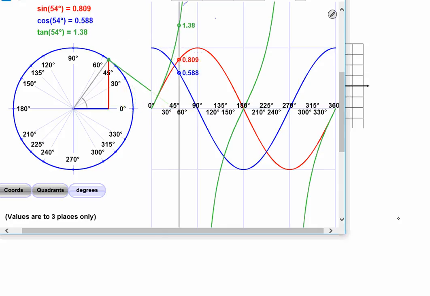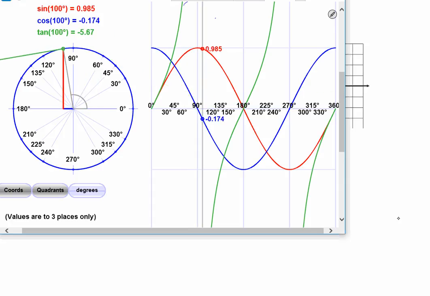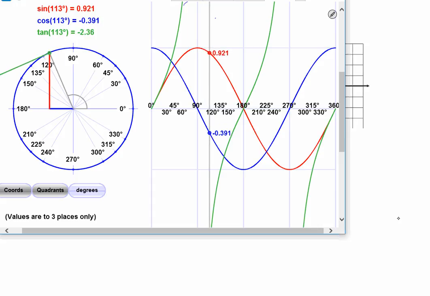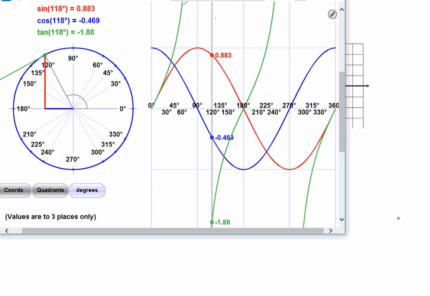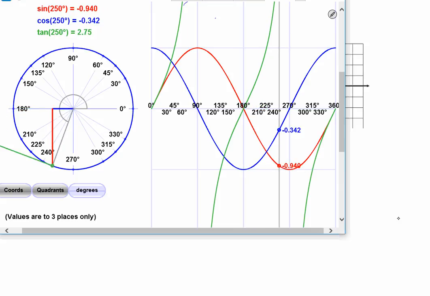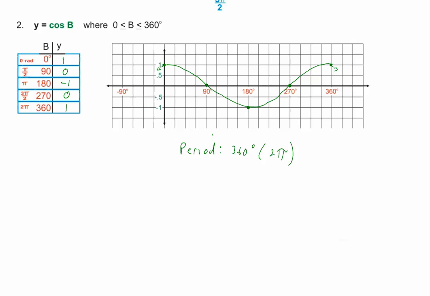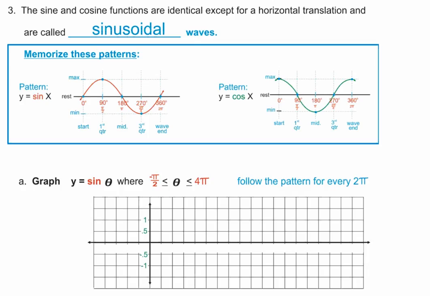It's coming down, and I hit 90. And again, look at the blue value. The x-coordinate is 0 of this point. The x-coordinate now is what? Negative 0.391, and I'm going down and down and down. At 180, the x-coordinate is negative 1, and you're coming around, and you're coming up to the cosine. All right? Relationship between the sine and the cosine.